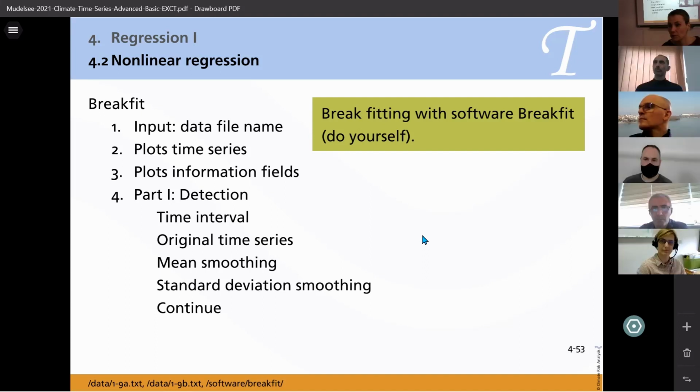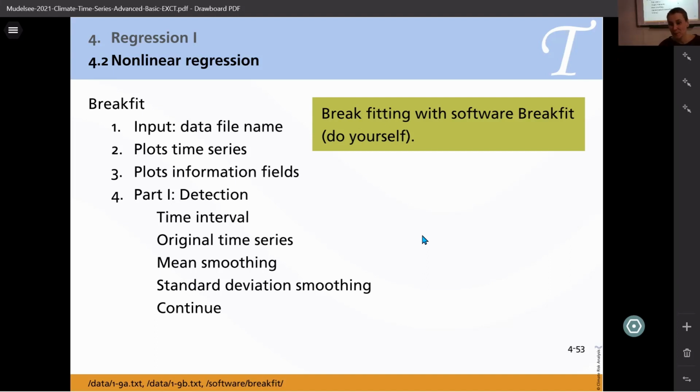I can repeat things from the full day if there are things that I was too fast about, or I should go more into details. It's a bit up to you, and I can also show you the third part, the non-parametric regression or the smoothing. I'm involved in the project. I'm your servant, so you should let me know what I should do.